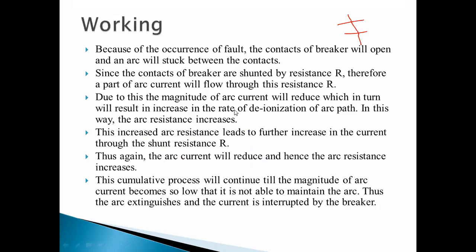So due to this, the magnitude of arc current will reduce, which in turn will result in an increase in the rate of deionization of the arc path, and in this way the arc resistance increases.